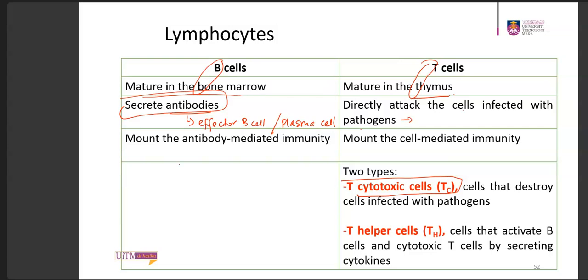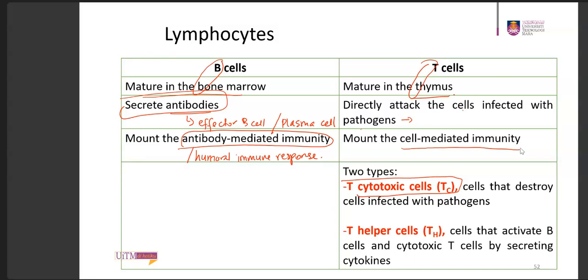Okay, so for the B cell, it mounts or activates the antibody mediated immunity, or we can call it as the humoral immune response. Okay, humoral immune response. As for the T cell, it mounts or activates the cell mediated immunity or immune response.